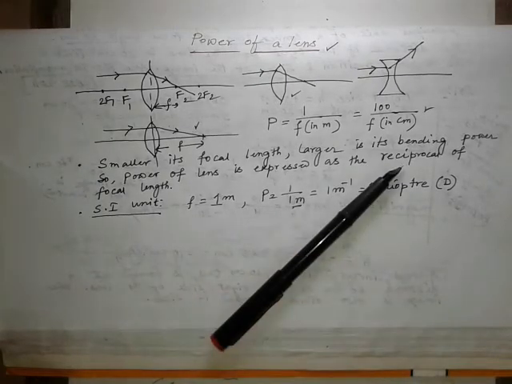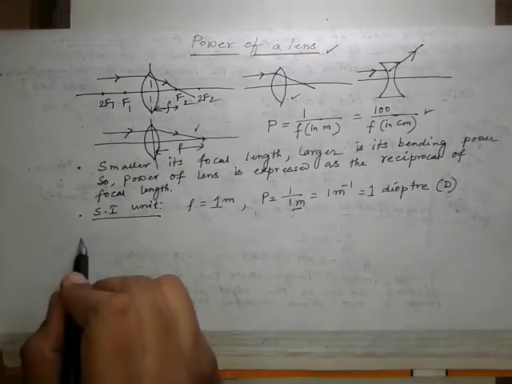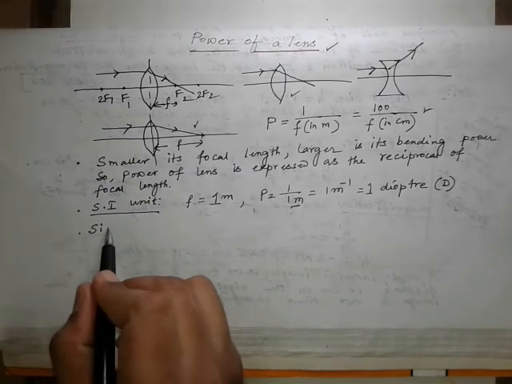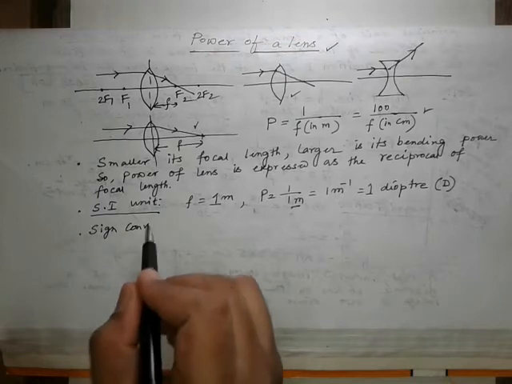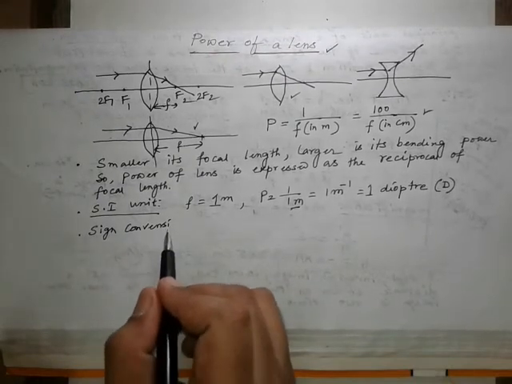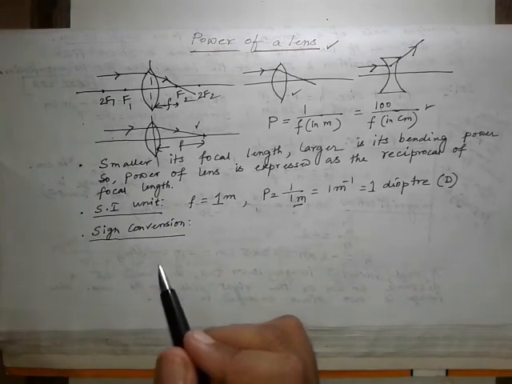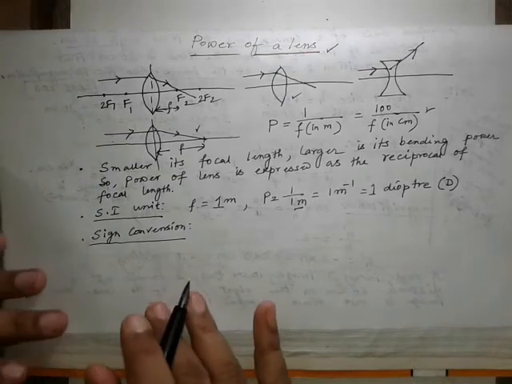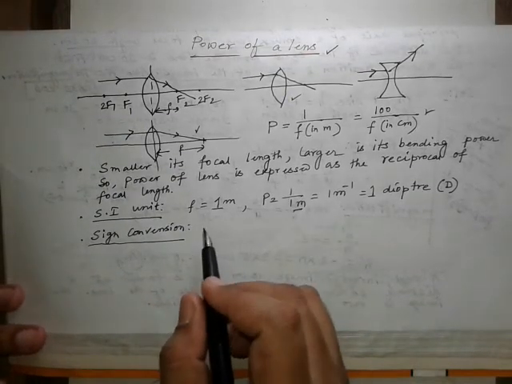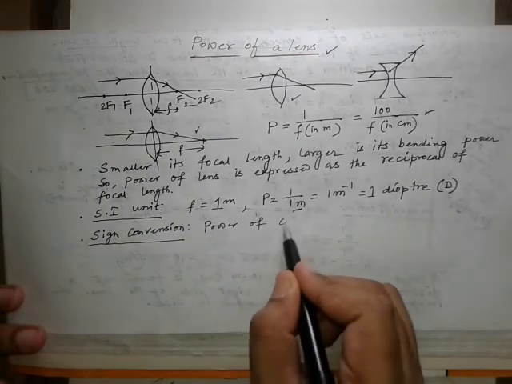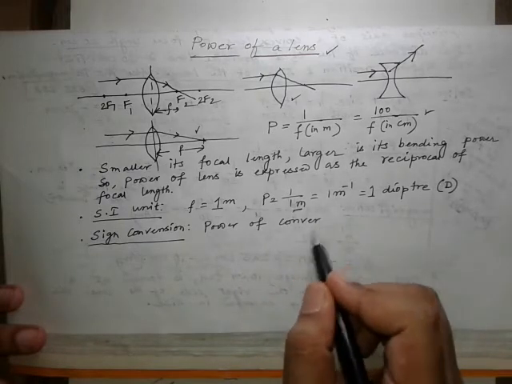Okay, now here is one sign convention. So for power, we write down the sign convention. The power of a converging lens is positive. Power of a converging lens means what?